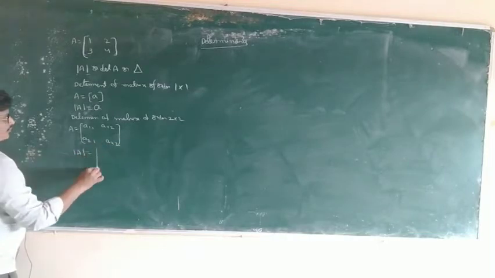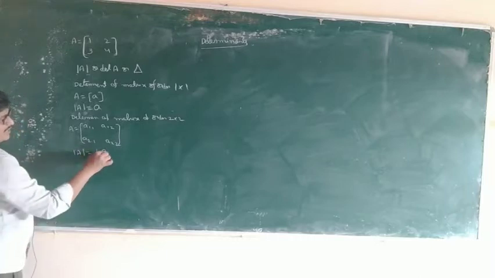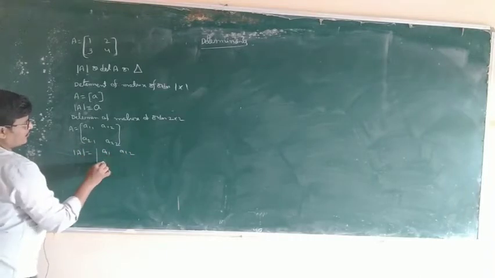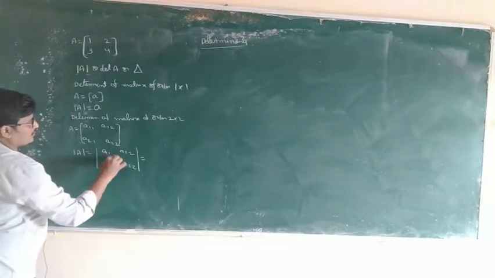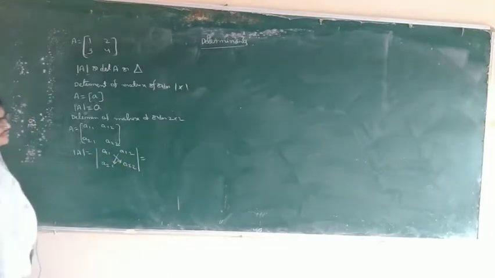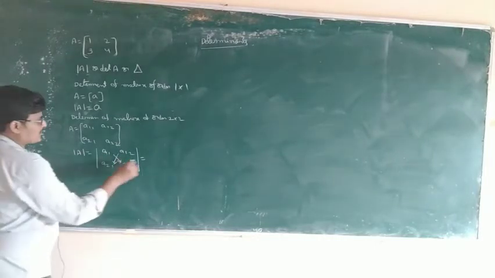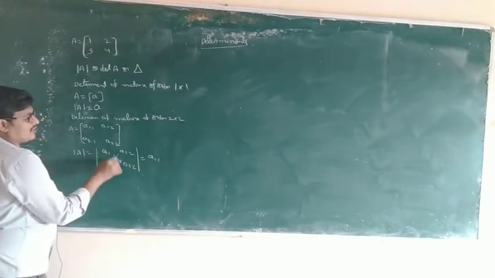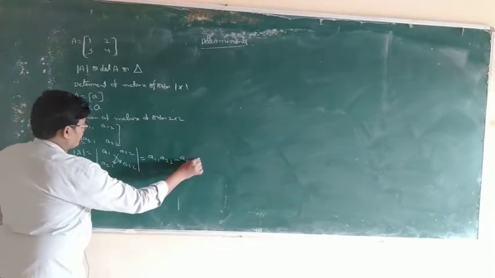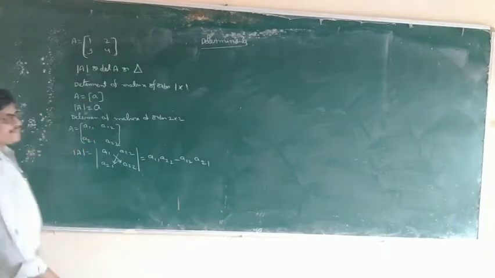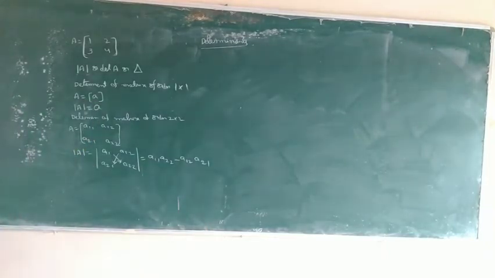The determinant of A is found by cross multiplication: A11 times A22 minus A12 times A21. So this is the determinant of a 2 by 2 matrix.